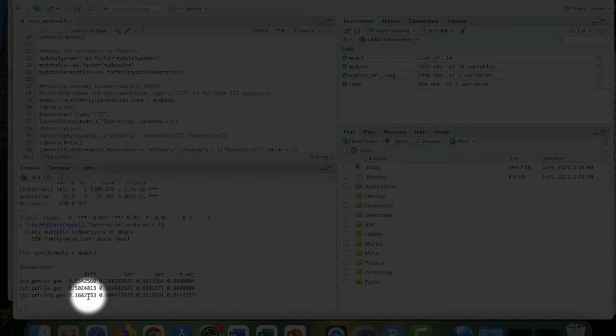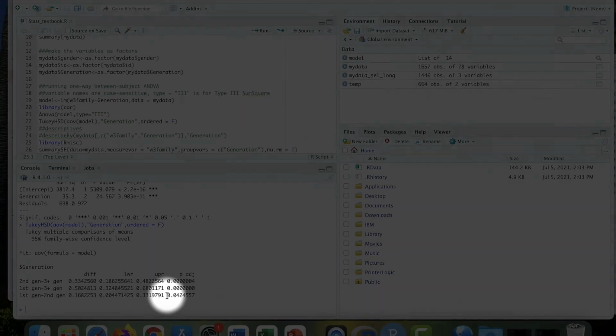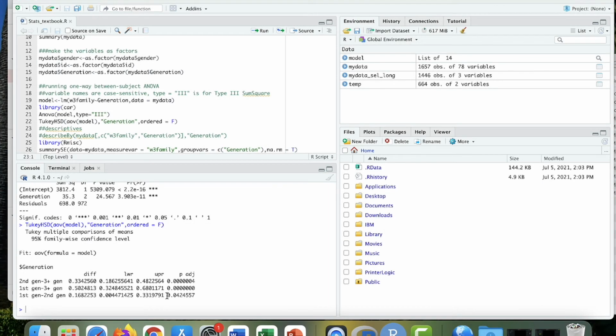We see that that is a positive value, and it is just barely statistically significant. 0.0424 is just a little bit lower than 0.05. So now we can conclude that first generation students, on average, are higher in their family orientation than second generation students. Okay, so we have answered most of our questions.